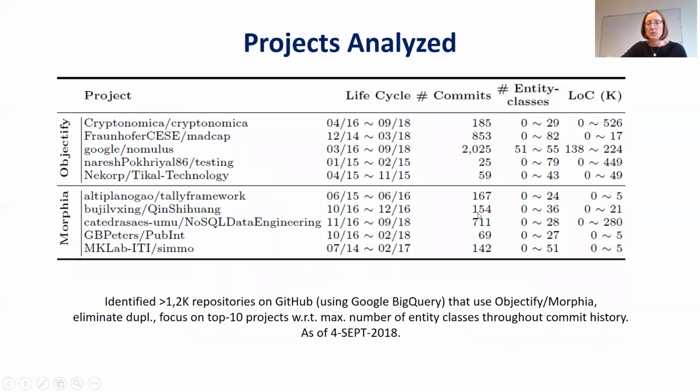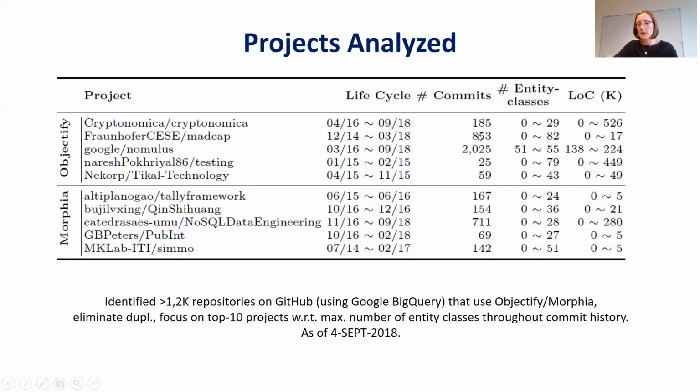And this is what we did. We identified 10 projects like this on GitHub, 5 of them using the Objectify object mapper, 5 using the Morphia object mapper, and we searched all of GitHub for those top 5 projects each that have the largest schema in terms of the number of entity classes in the schema. The projects are quite different.